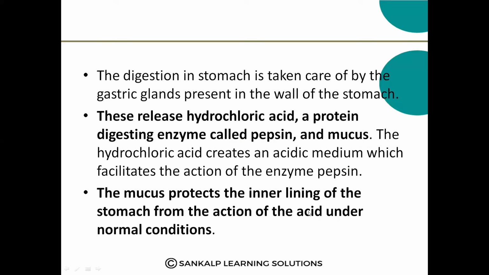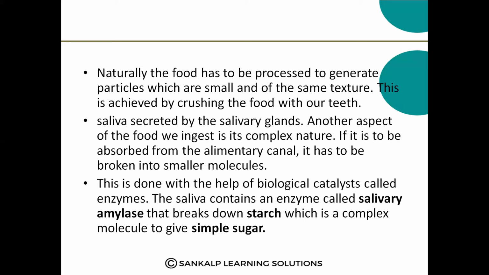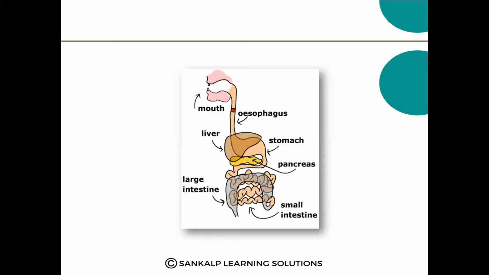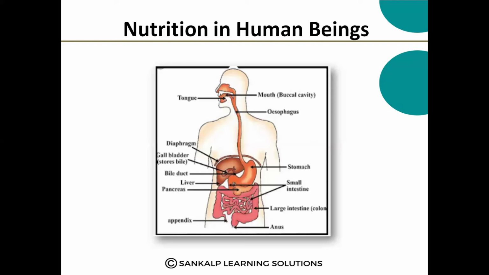So then the next step, with the help of the sphincter muscles. There are some muscles present here at the end of the stomach part. Here, with the help of the sphincter muscles, the food moves to the small intestine. So this is the small intestine part. It is the longest part.